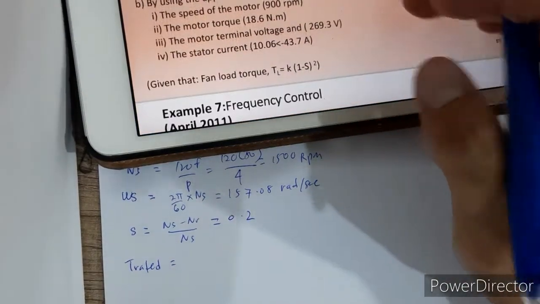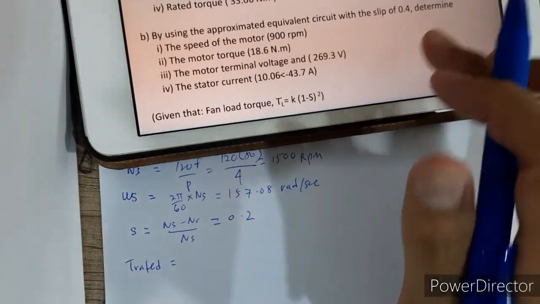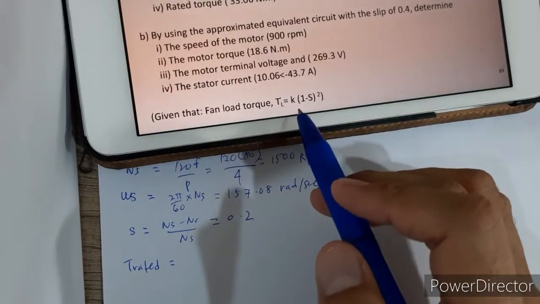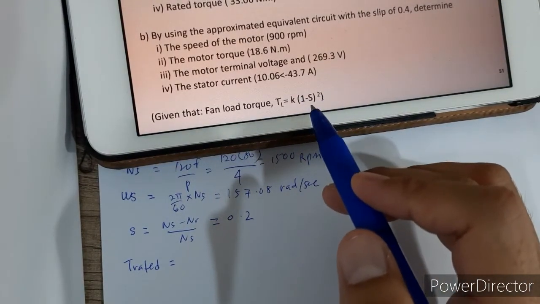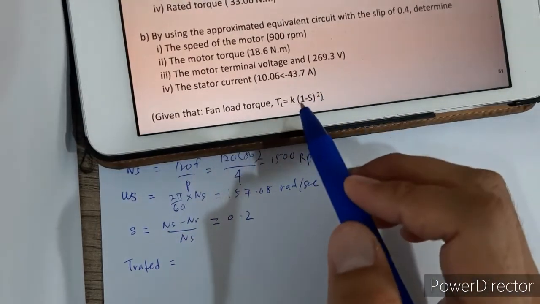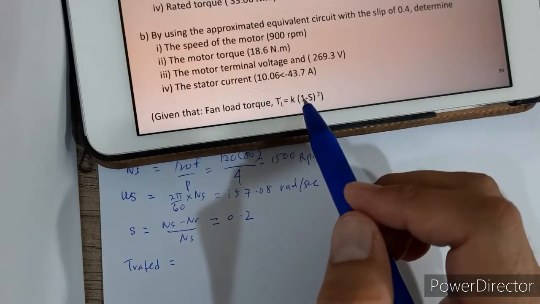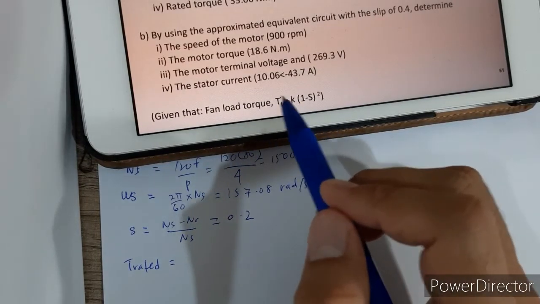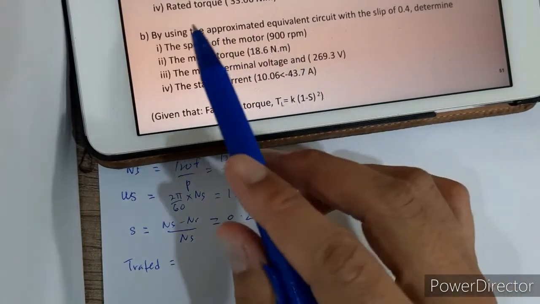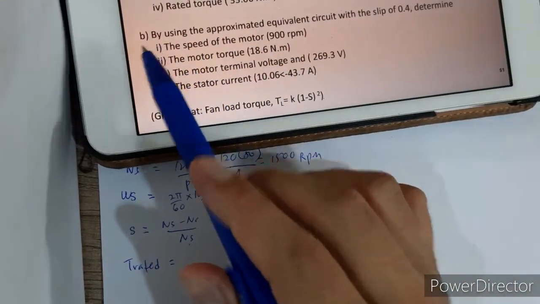If you notice here, the equation also gives the fan load torque, TL equals K multiplied by 1 minus S squared. So in this case, you have to determine K. How to determine K? By using the torque equation. This K we are going to use in the second question, part B.